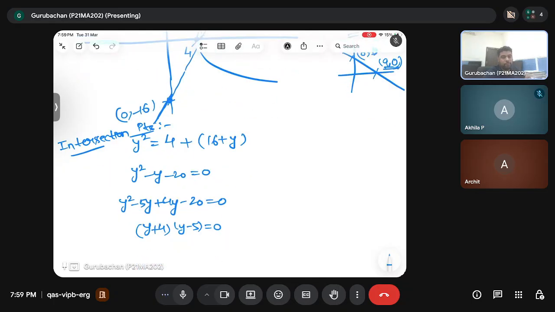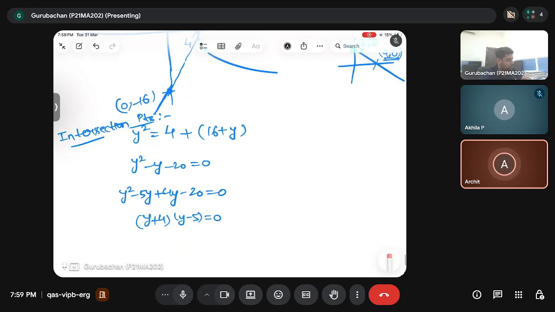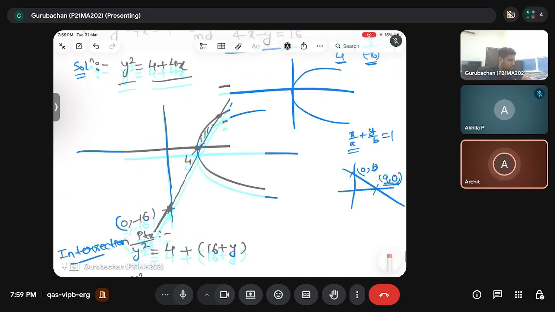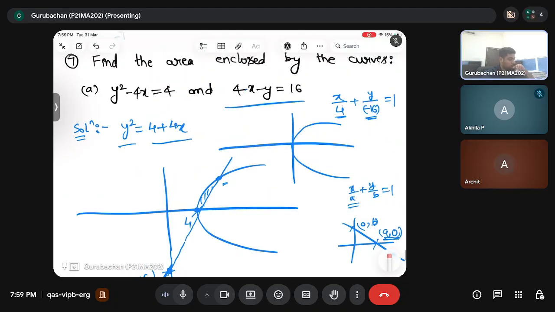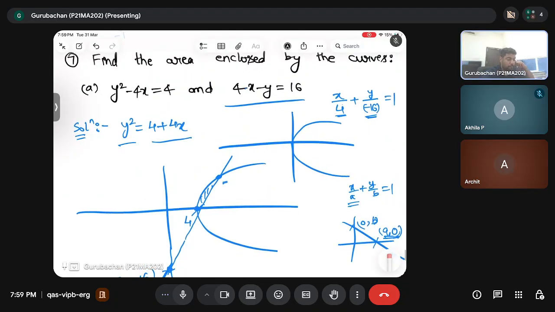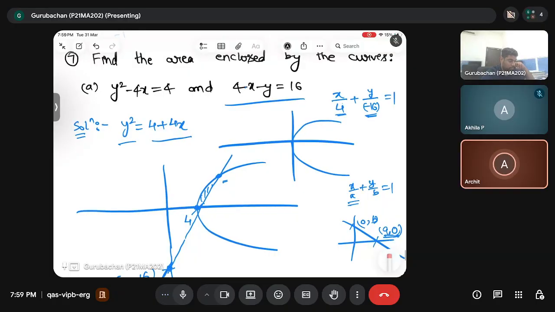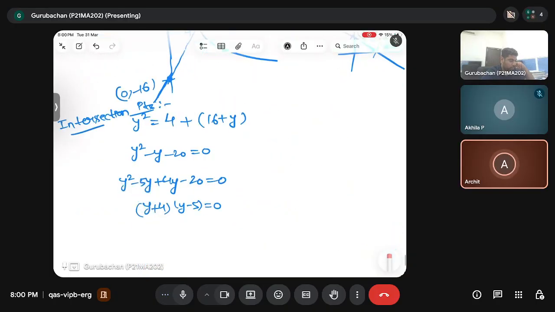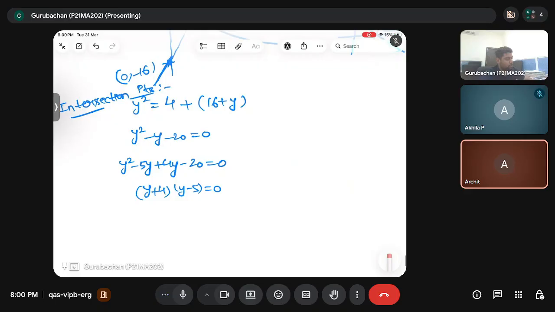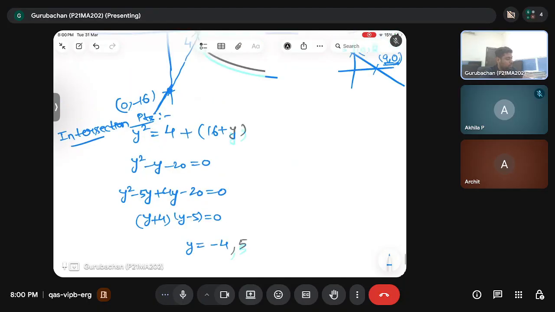Did I write correctly? X minus 4 minus 25. Sir, x equal to 4 and sir, x equal to 15 by 4. Sorry. Sir, the x coordinate at the intersection is 15 by 4. So okay. From here we will get y is equal to minus 4 and y equal to 5.